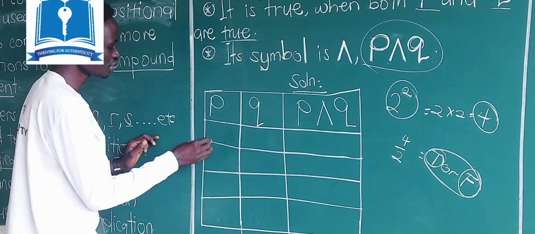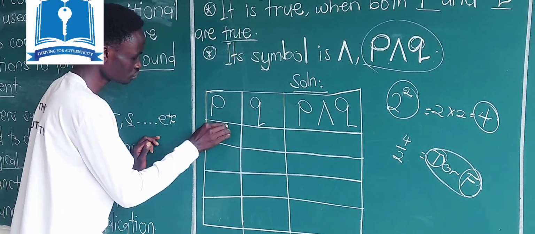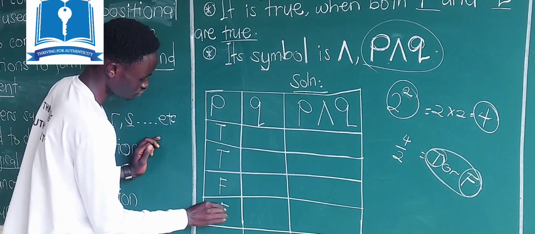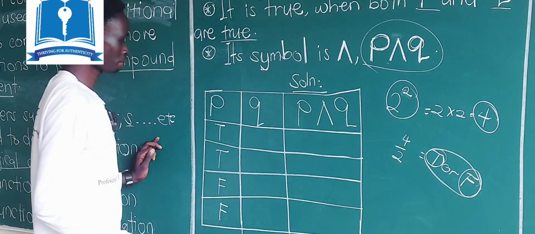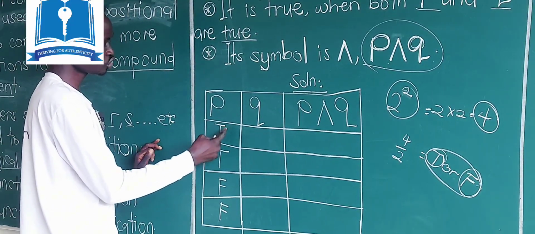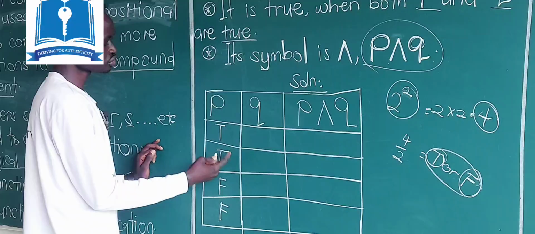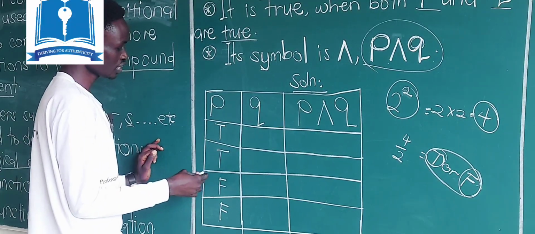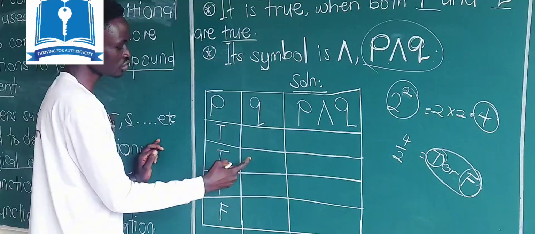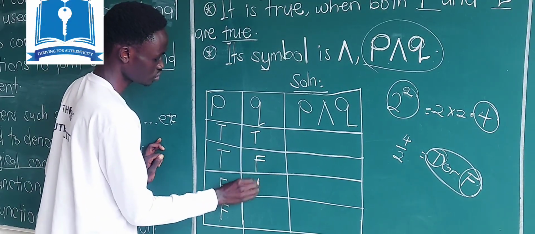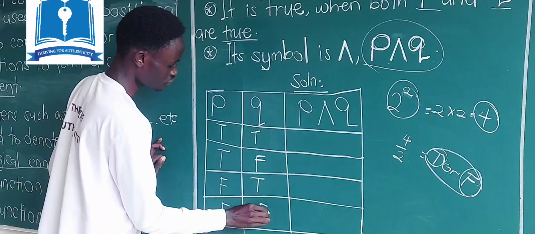So here we are going to have true, true, false, false. For Q, since we have two trues here, you need to divide them by the two truth values. The first one will take true, then the second one will take false. Here true, then false. True, then false.